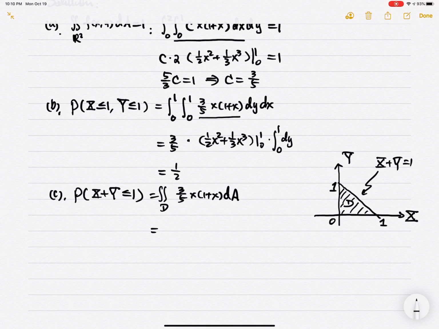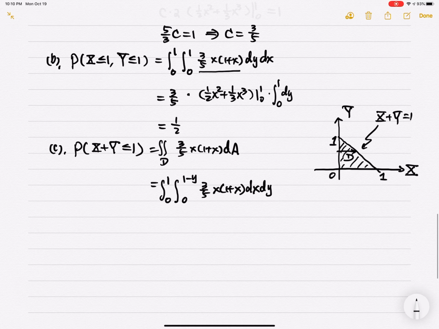If you describe y first, that means y changes from 0 to 1. Now, if y changes from 0 to 1, you give a y value, x changes from here to here. So x changes from 0 to 1 minus y. And then here is 3/5 x (1 plus x), and then dx dy, remember, dx dy.